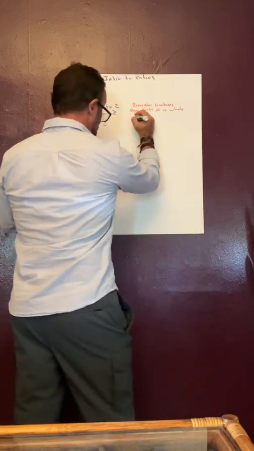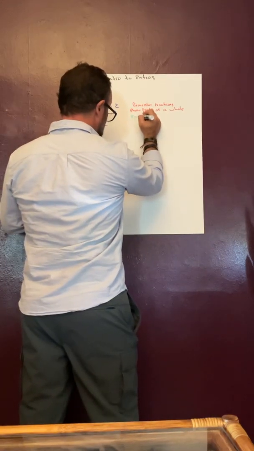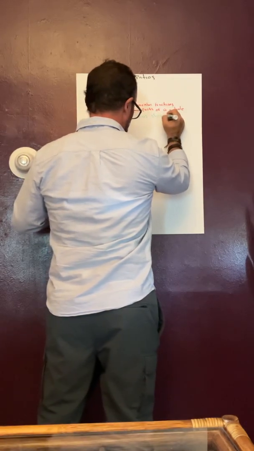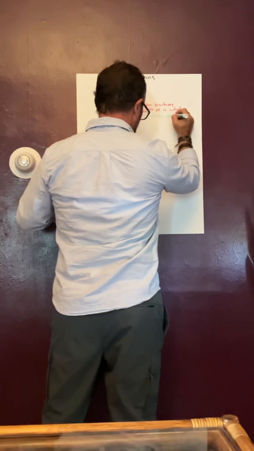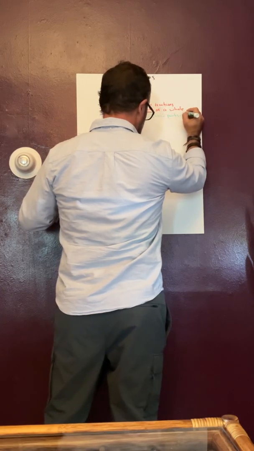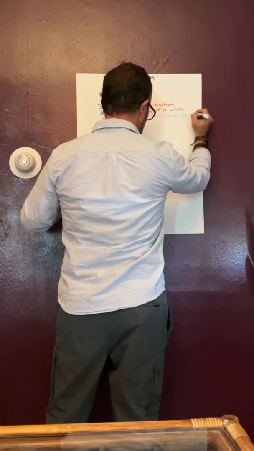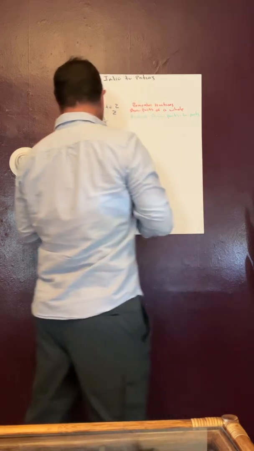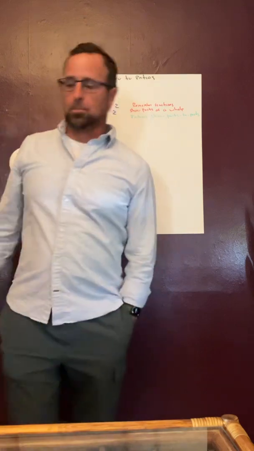Green. Ratios show parts to parts. So let's quickly use an example of that.